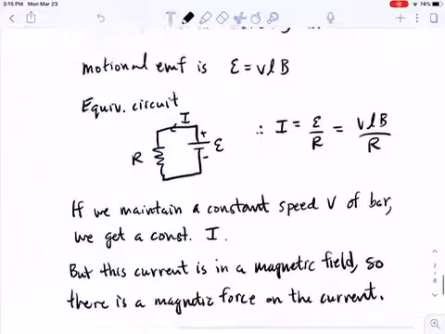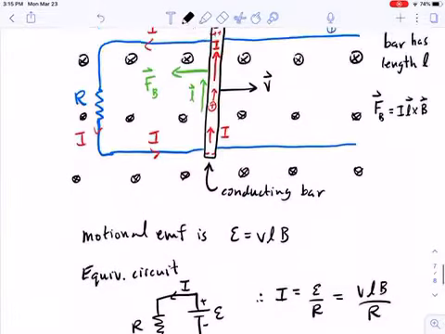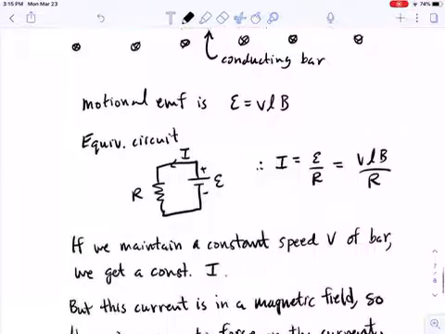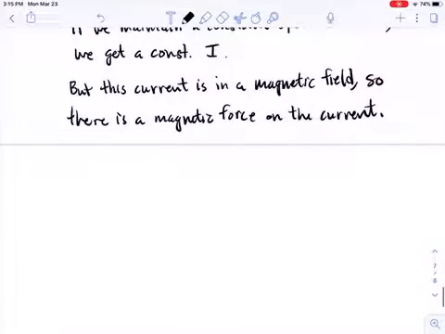And so if I want to move my bar at a constant velocity to the right, I must exert a force that exactly balances this magnetic force, so that the acceleration of the bar is 0 and it has a constant velocity.